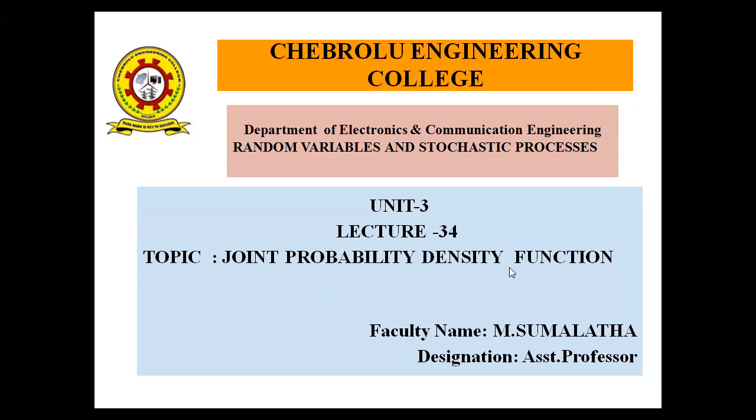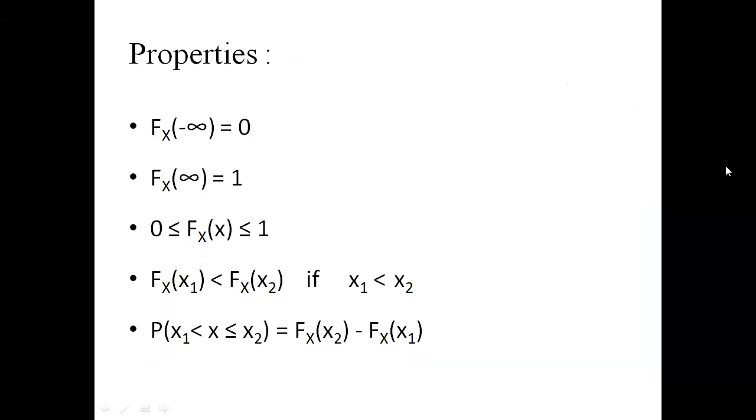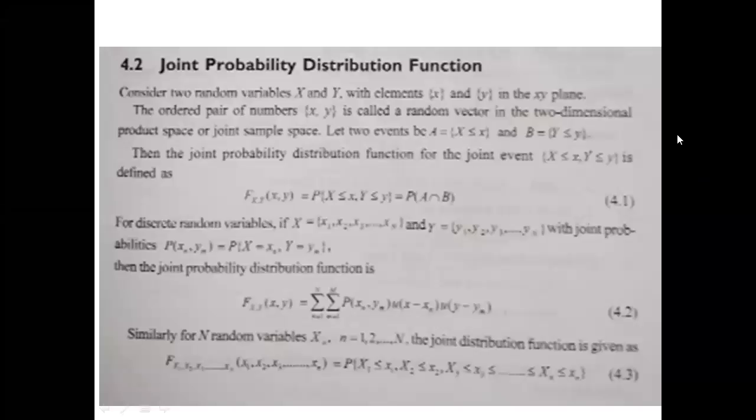This is the distribution function for discrete and continuous random variables. These are the properties of the distribution function. Next, the joint probability distribution function: for this, we are taking two random variables x and y.